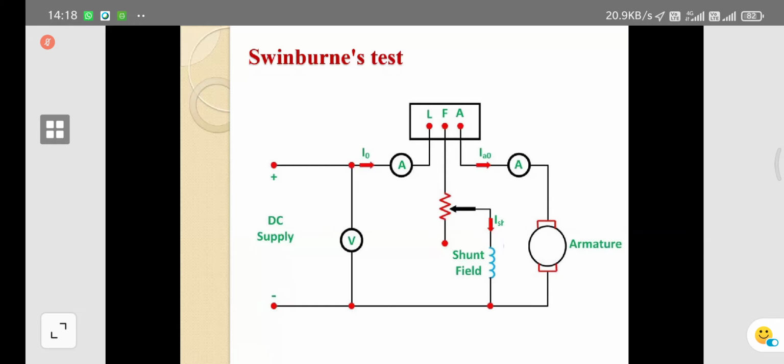Dear students, is the slide visible to you? Please give a response.